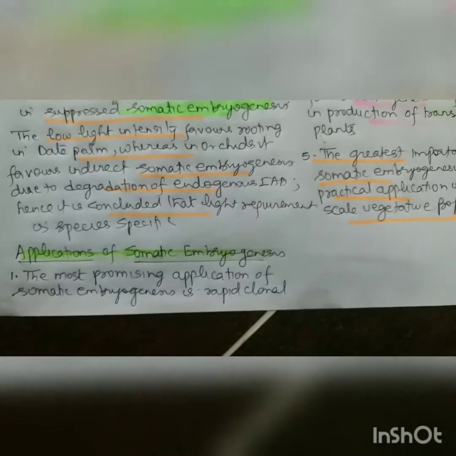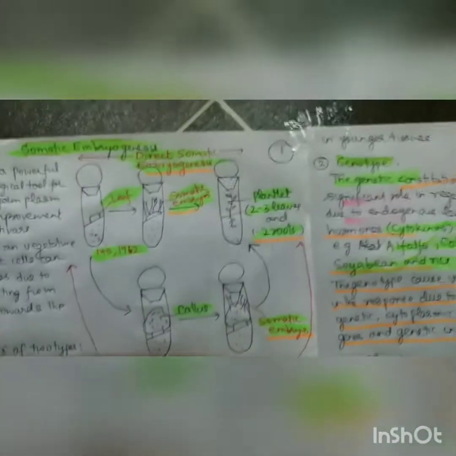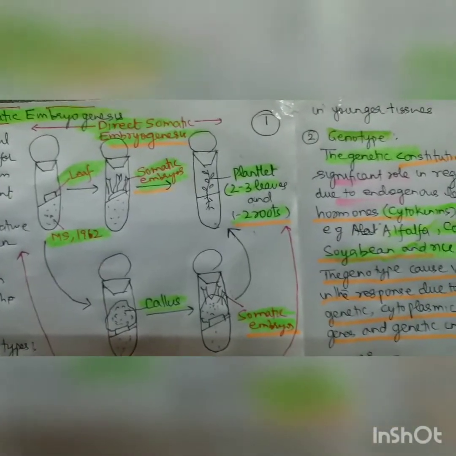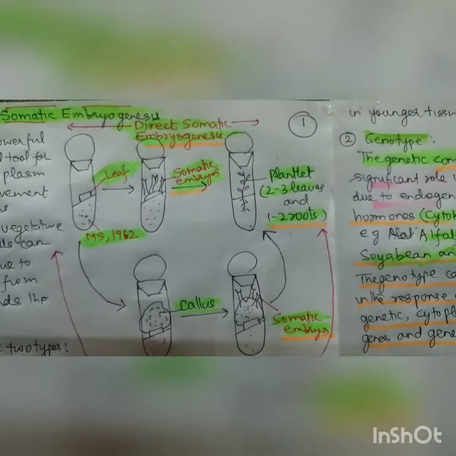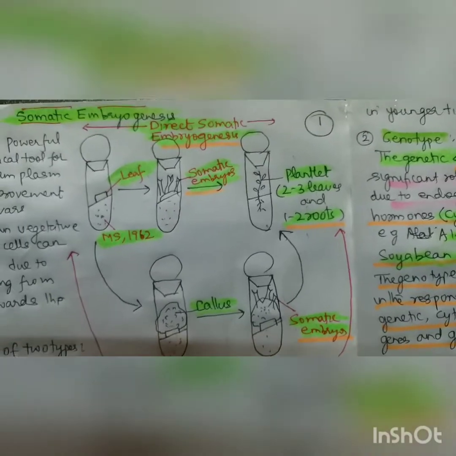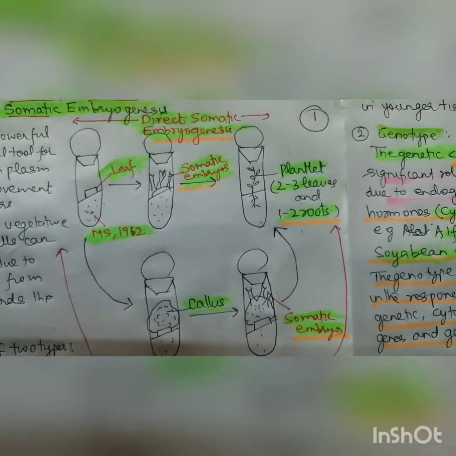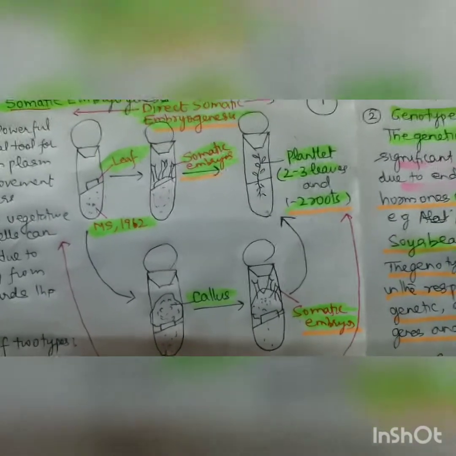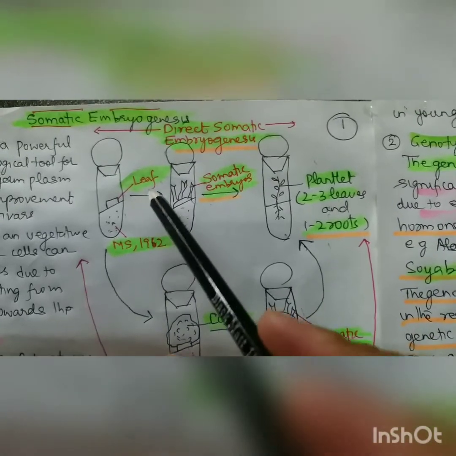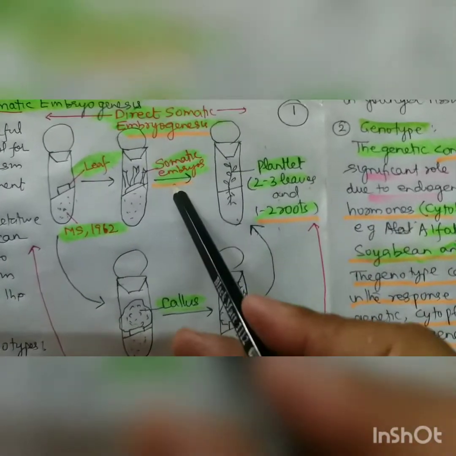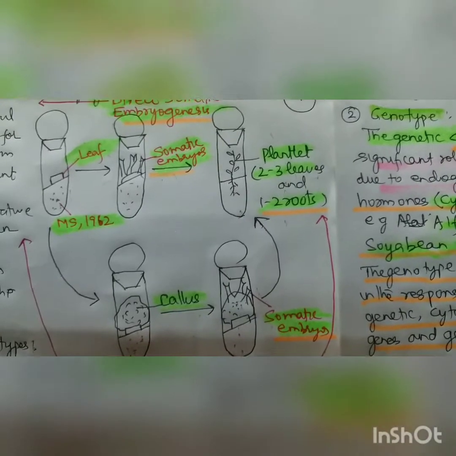So now I am coming to the application. Before coming to application, I just want to revise that somatic embryogenesis is the raising of somatic embryos from explants other than the seed. It is of two types, direct and indirect. In direct, we can get plantlets through PLBs or somatic embryos.